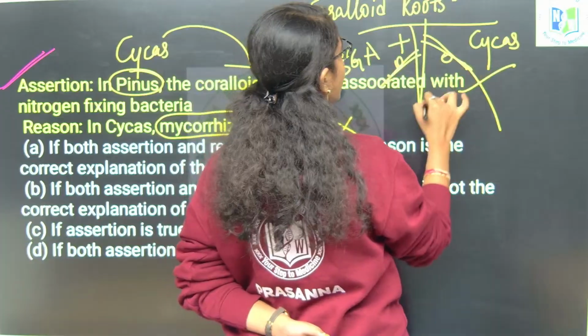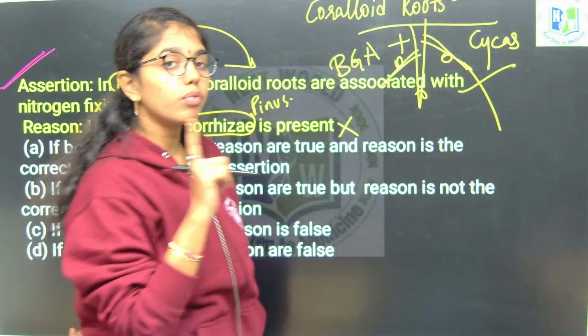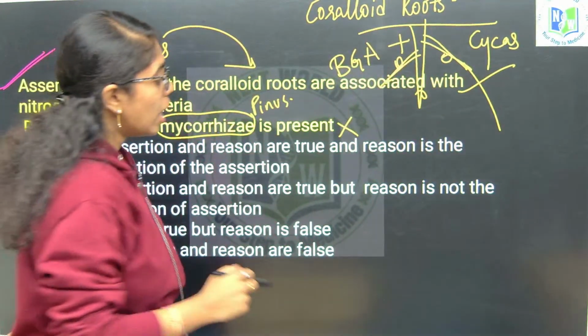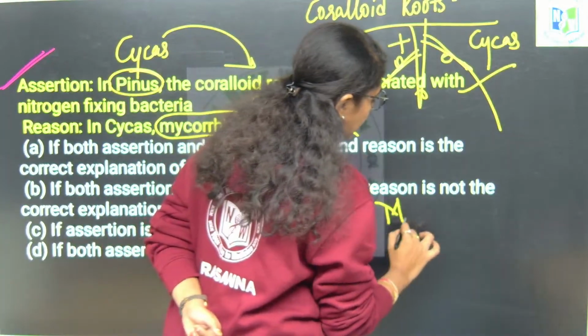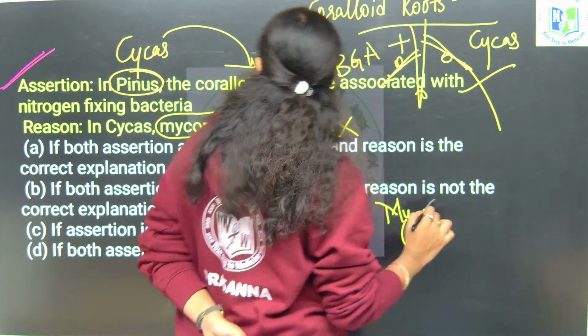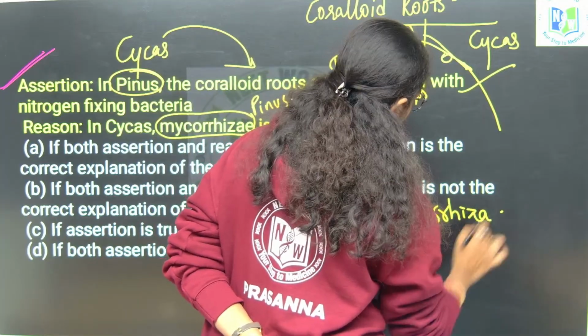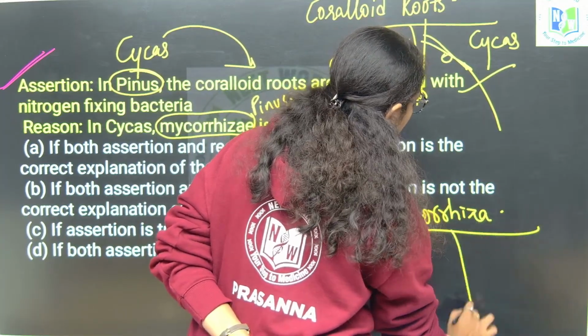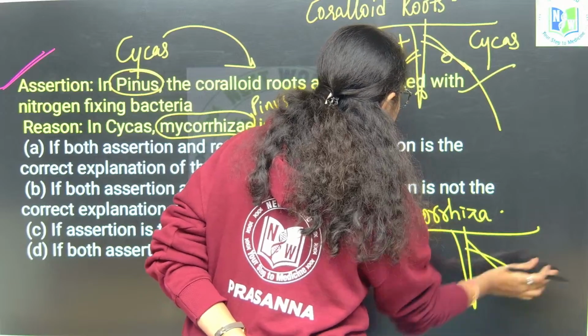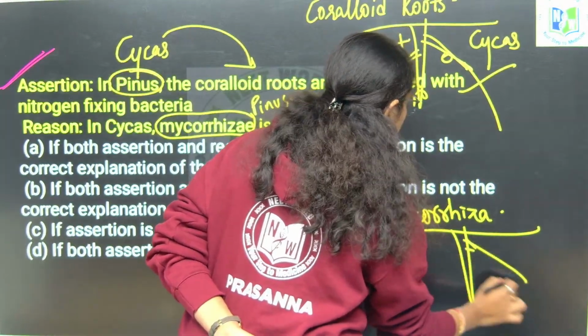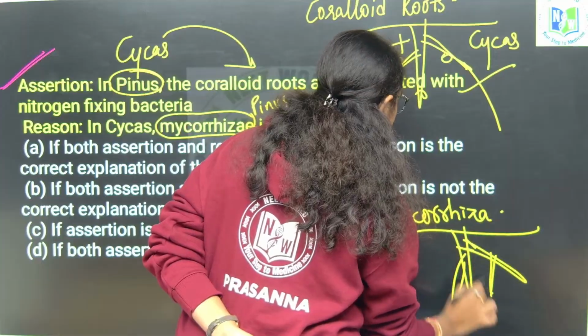This blue-green algae is keenly involved in the nitrogen fixation. When it comes to the mycorrhizal associations, that is in between the roots of Pinus, taproot system of Pinus, and fungi.